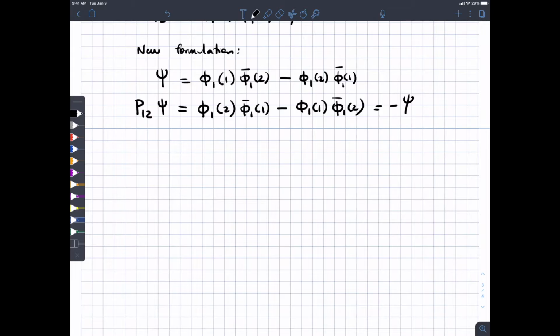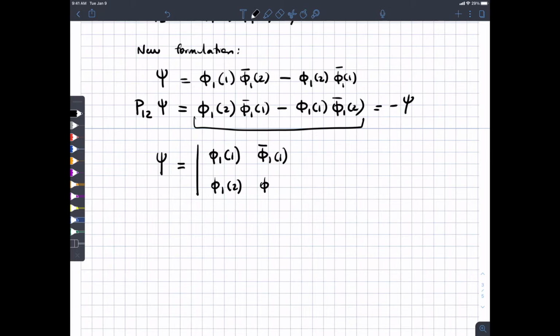So sometimes rather than represent the wave function this way, you may have noticed, it's okay if you didn't, that actually this wave function has the form of a determinant. A determinant is a particular kind of product that you make from elements of a matrix, and you get it from linear algebra. So if you've never had linear algebra, my guess is you still had some algebra and did some determinants.